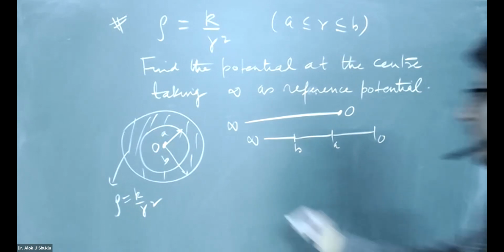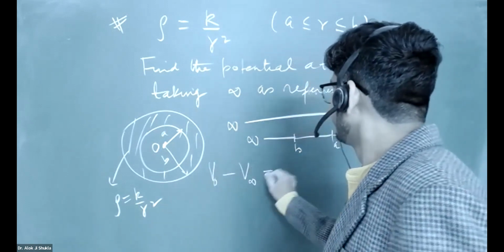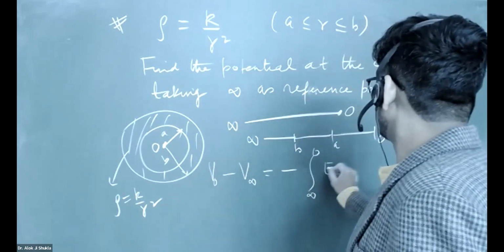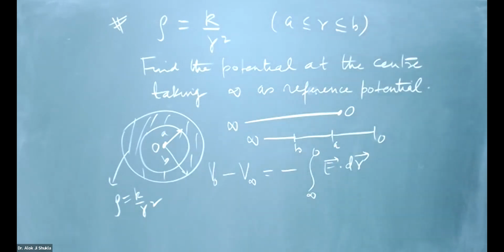So finally you have to calculate V0 minus V infinity, which is minus integral infinity to 0 E dot dr. Yes?